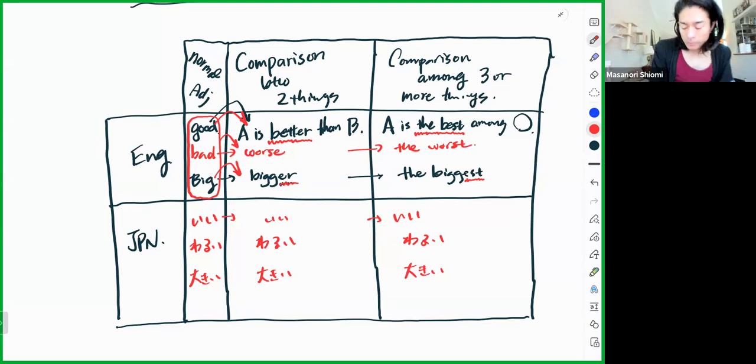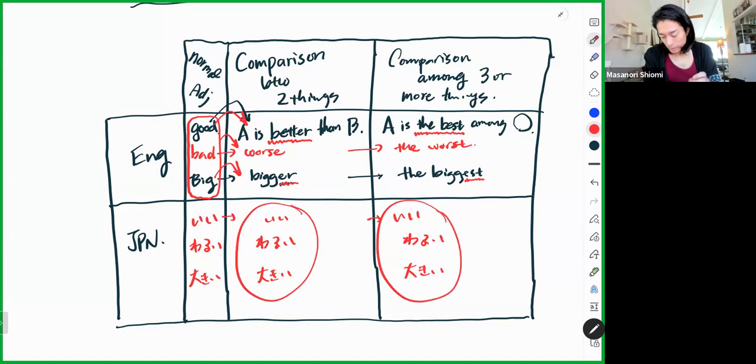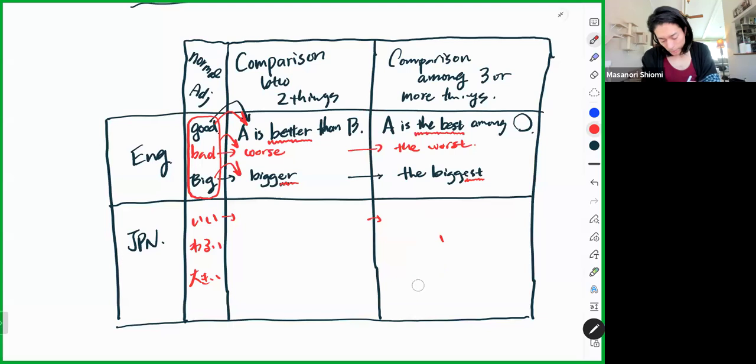This then will make you think that, okay, if the adjectives won't change, everything else has to be different so that we can compare among three or more things, or comparing between two things, right? So this is what we're going to cover. How do we change so that we can compare among two or more things? Okay, I'm going to start with the conclusion, how we do it.